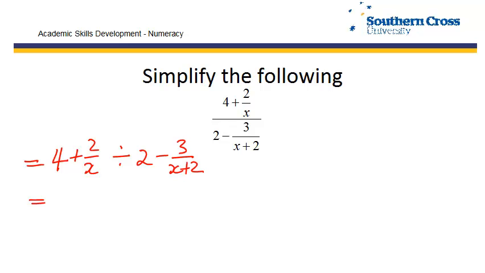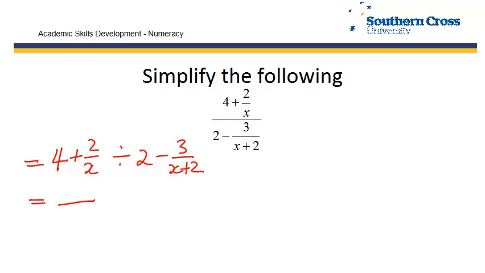Now, we can't turn that divide into a times yet because we don't have a single fraction that we can take the reciprocal of. So what we've got to do is go for common denominators so that we end up with a simple fraction with a single numerator and denominator.